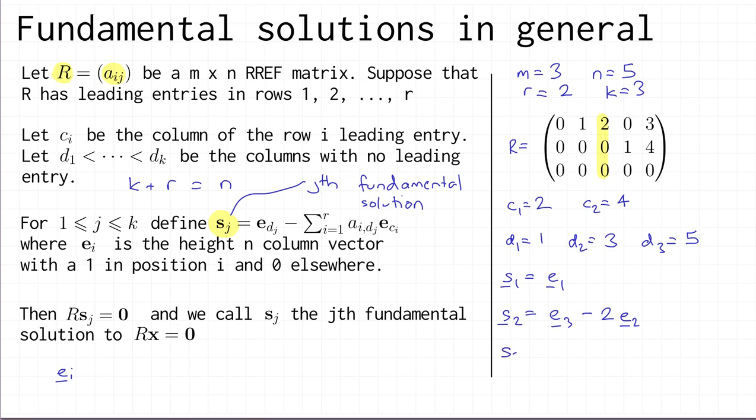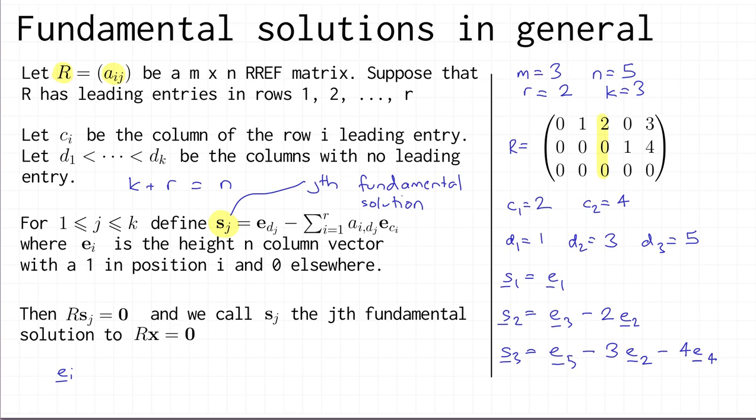Okay, and then the final fundamental solution, S3, well, I should take E d3, so that's E5, the column vector 0, 0, 0, 0, 1, and then I have to subtract off 3 times E c1, so that's 3 times E2, and then minus 4 times E4.